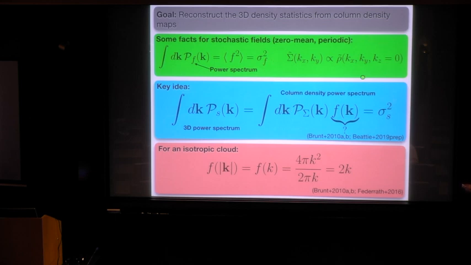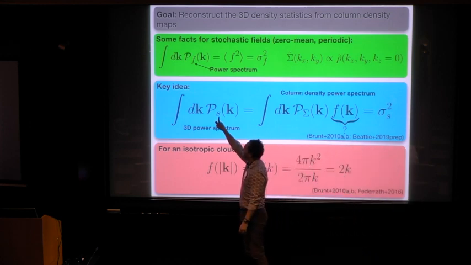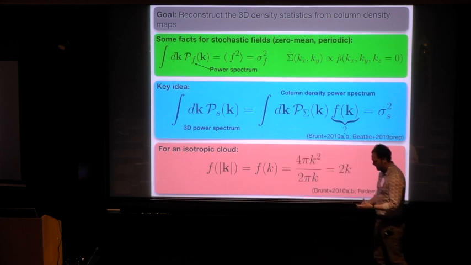You can also show that the Fourier transform of the column density is proportional to a Fourier transform of a slice of the real density. And so you reduce it to this problem where you want to integrate over the 3D power spectrum of your cloud. This is the thing that's important. We want to get this dispersion.